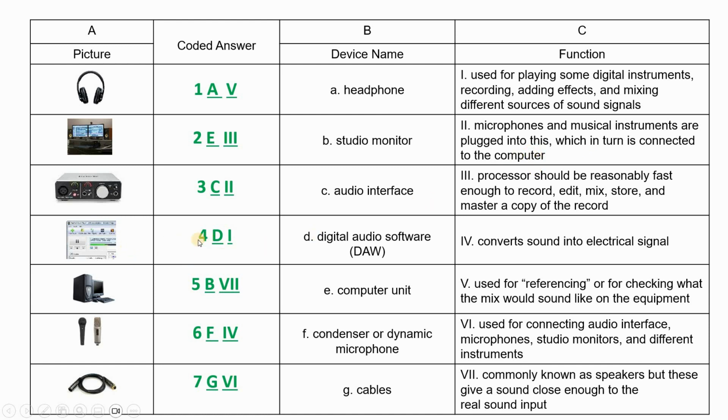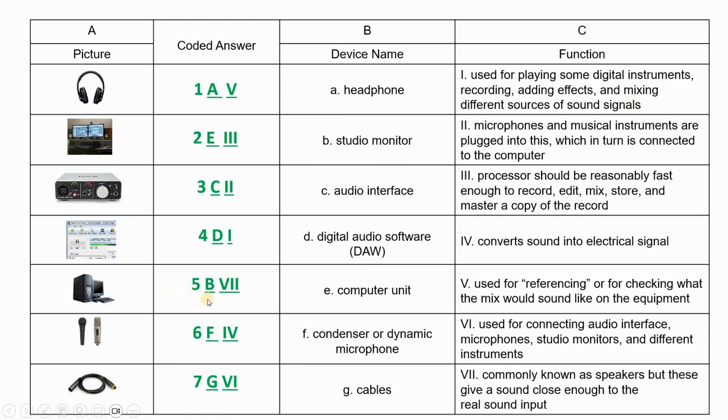The fourth photo on this table is actually a digital audio software, and this is used for playing some digital instruments, MIDI, for recording, for adding effects, and mixing different sources of sound signals.